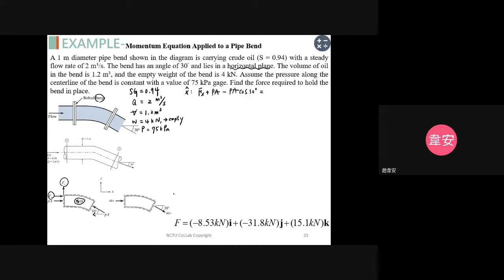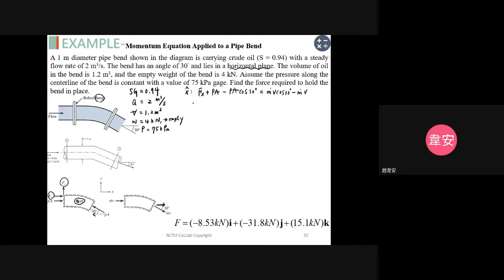Here is the outflow. So we have the outflow mass rate times V multiplied by the cosine 30 degrees, the mass flow rate multiplied by V, converted to the x direction. And there is the inflow along the x direction, so we minus the inflow rate.